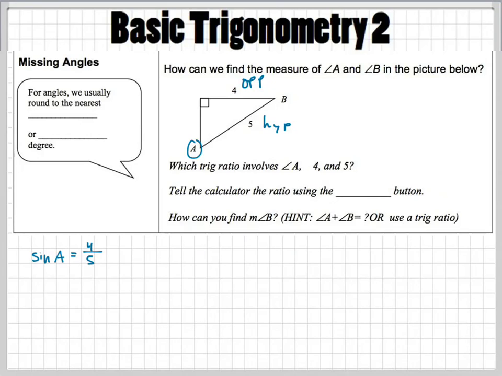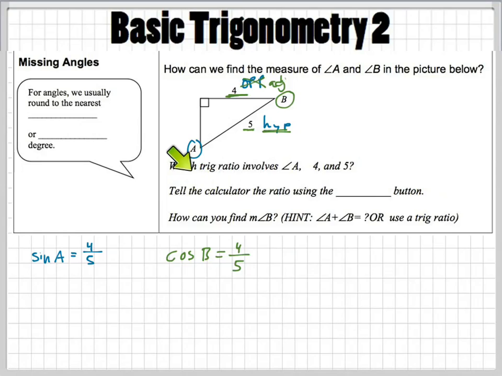Now for B, this 4 is different. What is the 4 to the B? Yeah, it's not opposite, it's adjacent. And is this 5 still hypotenuse? Yeah. Okay, so we're going to write cosine, because we have adjacent, of B equals 4 over hypotenuse, which is 5.